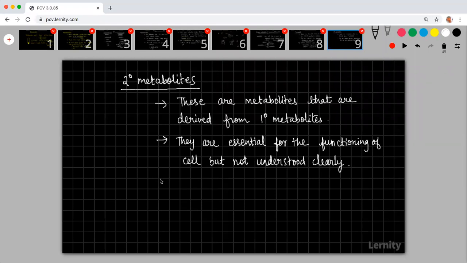The roles of secondary metabolites are still not clear. They have commercial usage.